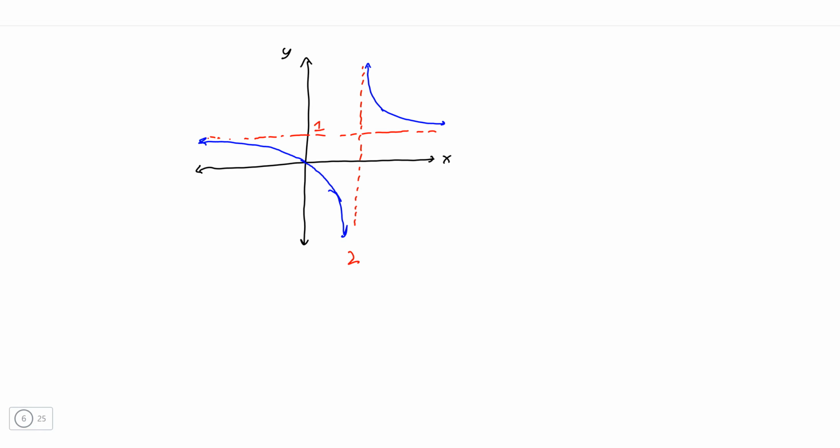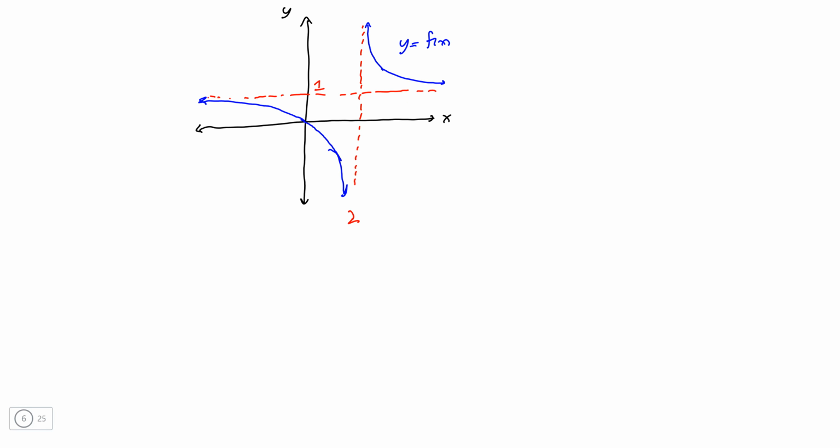So we could ask ourselves then, this is our y equals f of x. So the natural question here is, what's happening as x goes to infinity and x goes to minus infinity? Because it looks like it's going towards 1 in either direction from our graph.